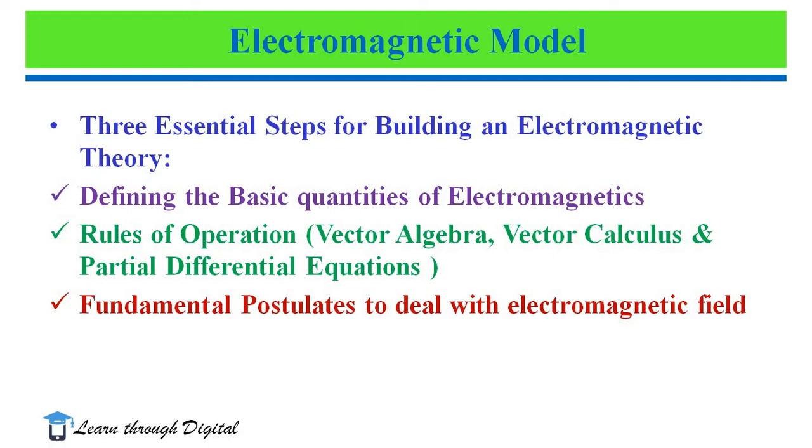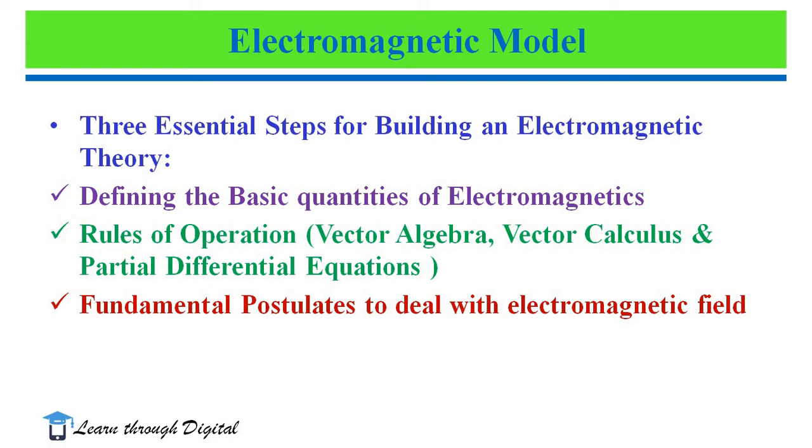Here, the rules of operation of these quantities are specified. Third, some fundamental relations are postulated. These postulates or laws are invariably based on numerous experimental observations made under controlled conditions and synthesized by brilliant minds.